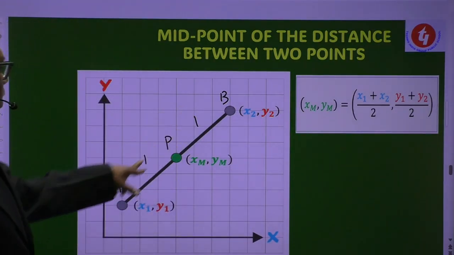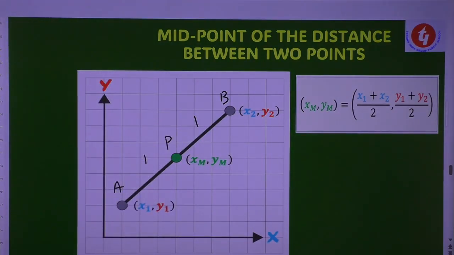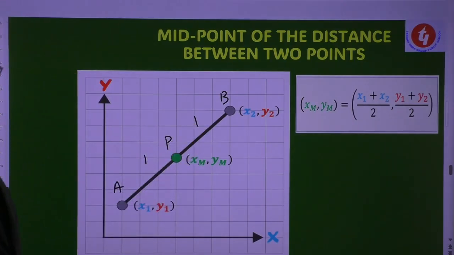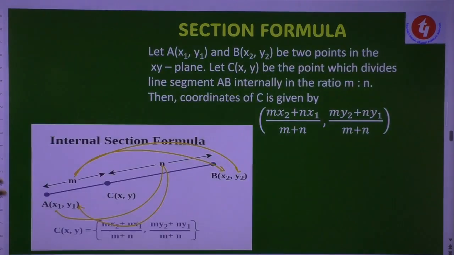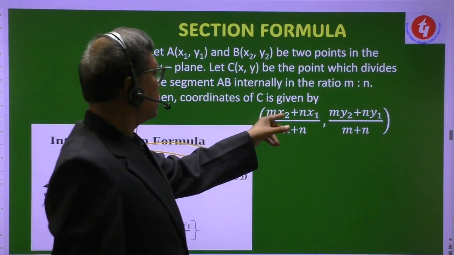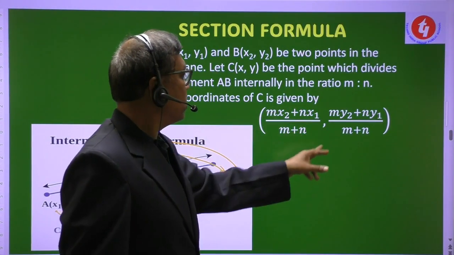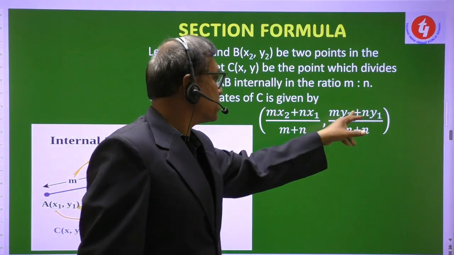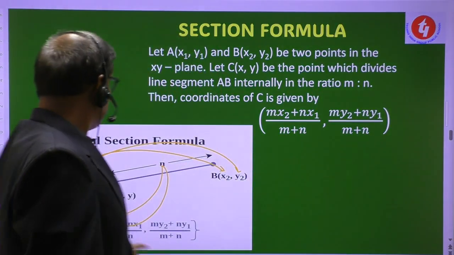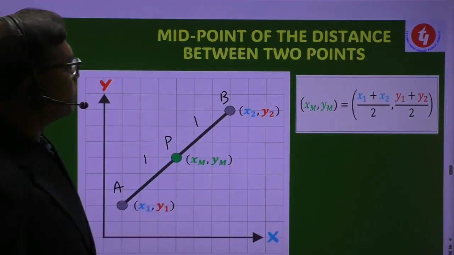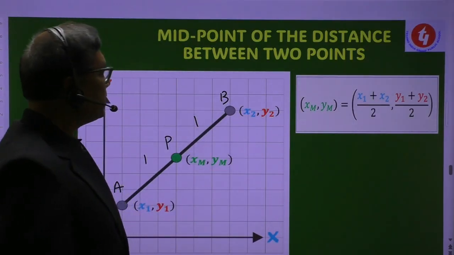Since P is the midpoint of AB, the ratio will be 1:1. So in the section formula, if I put m equal to 1 and n equal to 1, then we are getting (x1 plus x2) upon 2. Similarly, (y1 plus y2) upon 2. So that is the midpoint formula. Yes or no? Is it clear?